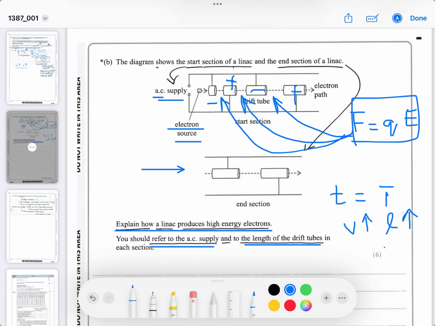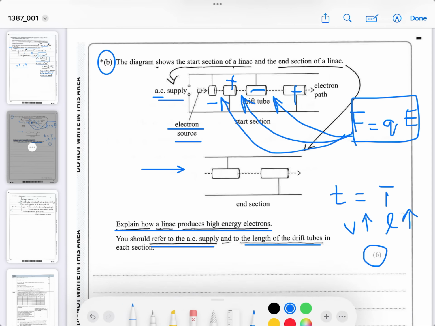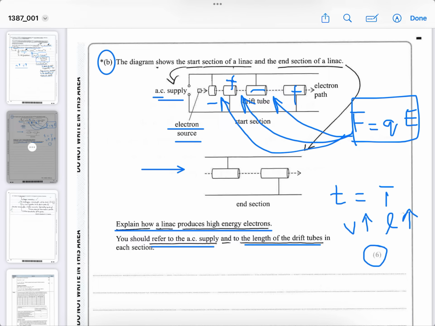So this is a 6-mark question. Any question with an asterisk is a 6-mark question where they want you to have depth, detail, and clarity in your reasoning, okay? Now, I've explained it to you orally, and I don't know if you stopped the video or you can go back and listen to me speak, but I would start by saying that there is an AC frequency and it has a fixed period.